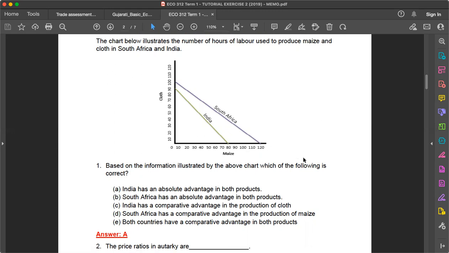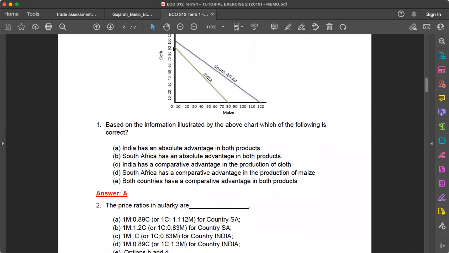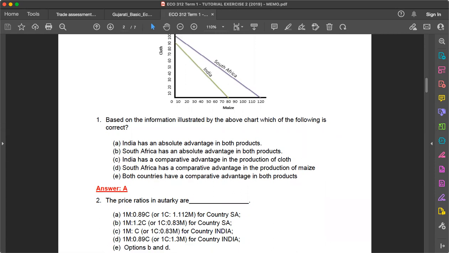Cool. So now we're going to move on to the next question. The price ratios in Autarky are. So first and foremost, you need to know how to calculate Autarky price ratios. You just need to pay attention to the different figures there for the different countries. So you have the following options from A to E. So these are your options.